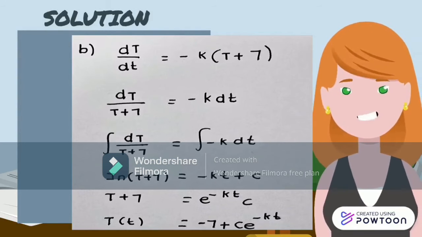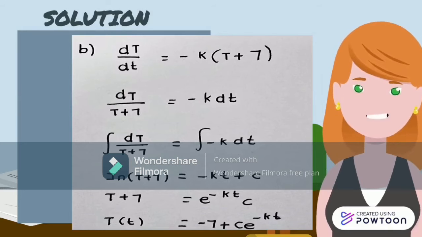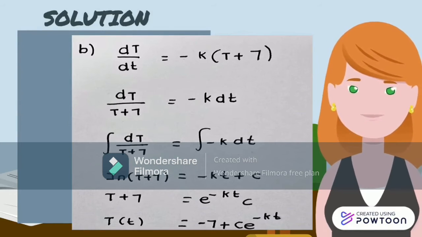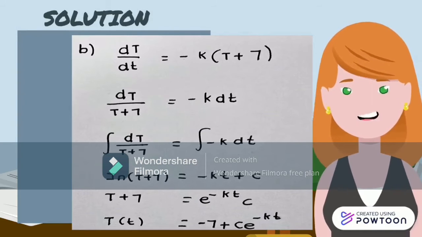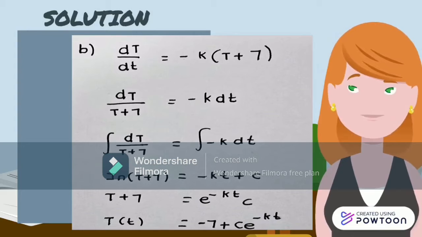After that, we must make some arrangement for this one. So here we will do separation of variables by combining T with dT. So here we will get dT over T plus 7 equals negative k dt. And then in this differential equation, we need to integrate both sides.